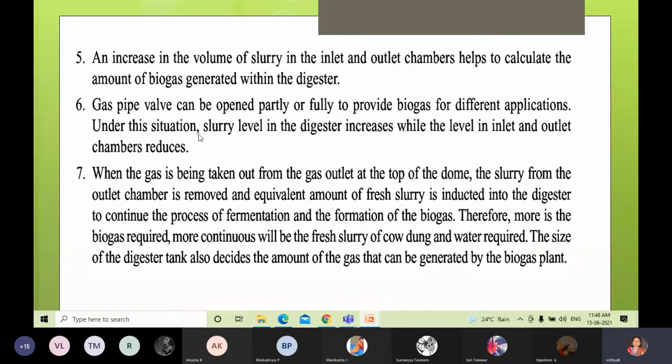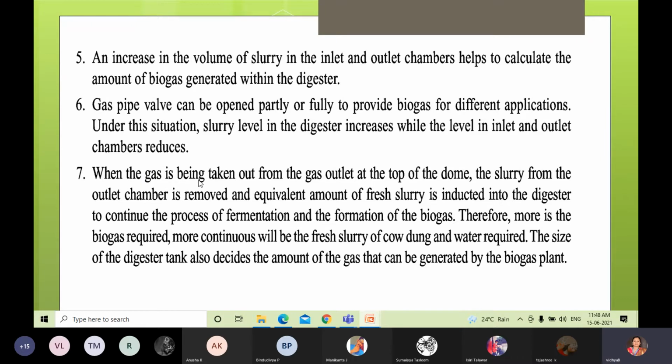If the gas pipe valve is open, the slurry level in the digester will increase while the level in the inlet and outlet chamber reduces.